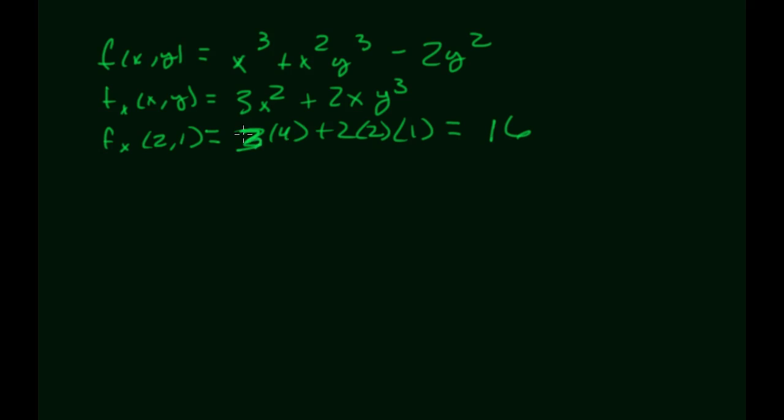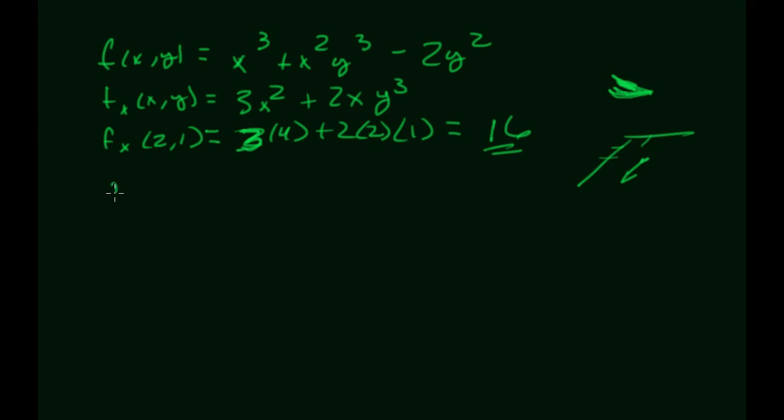So that means that if I'm at the point (2, 1) in the xy plane, then on the surface, if I move 1 unit in the positive x direction, f is going to move up by 16 units. So this thing's actually kind of steep in the x direction.